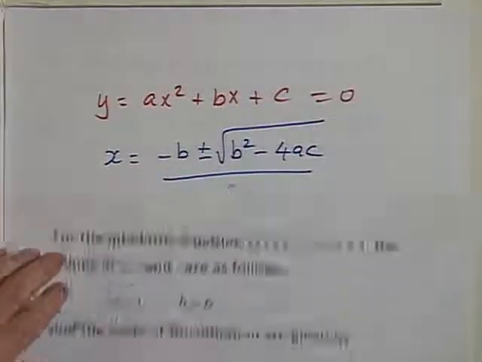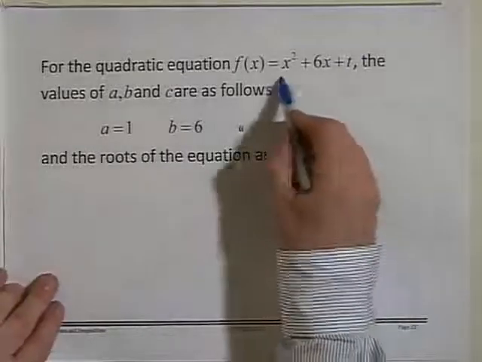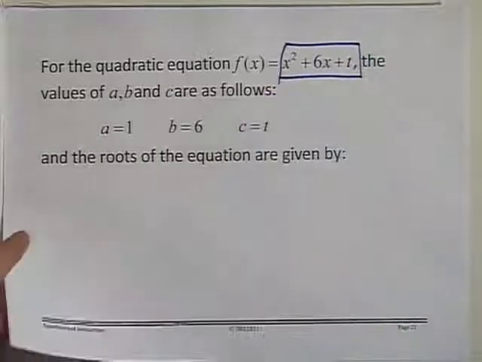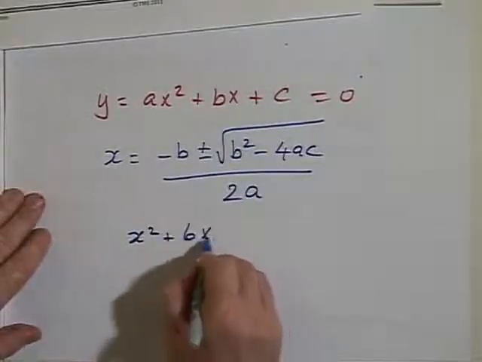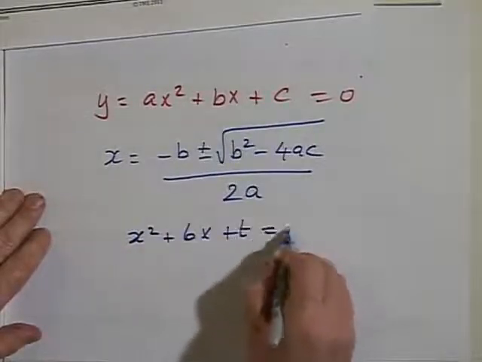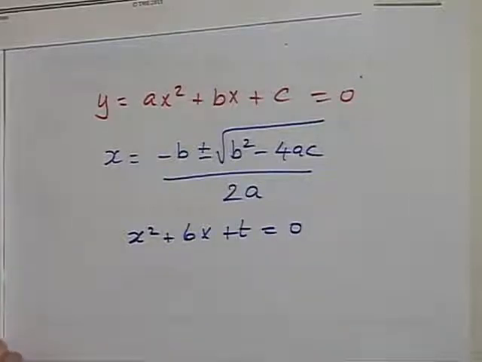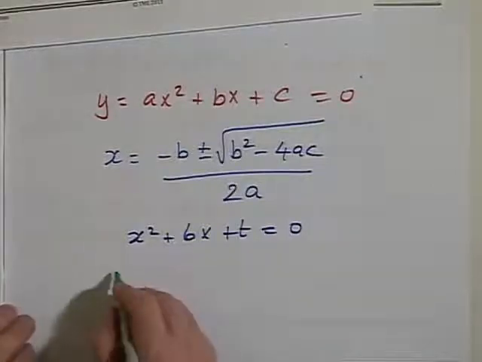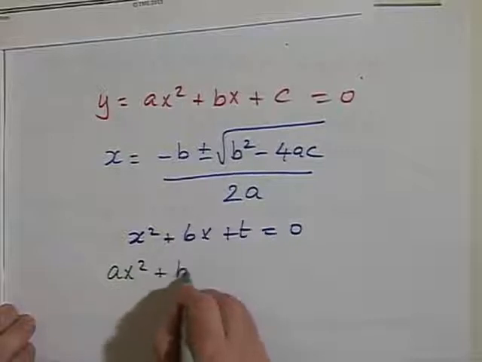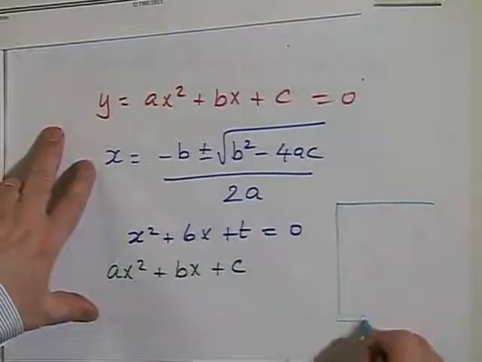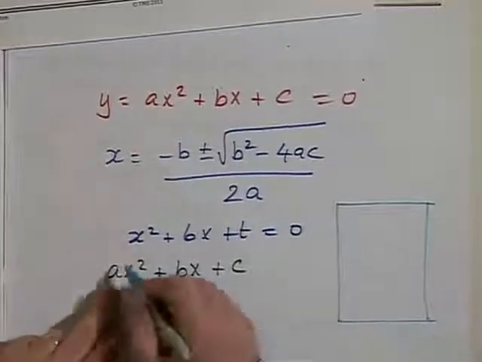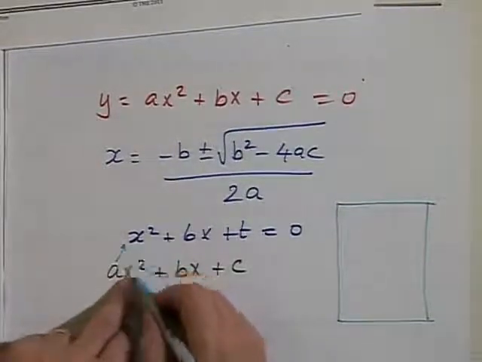So, for example, on the next page, if we look at this particular expression, x squared plus 6x plus t equals 0. If we have to map that to ax squared plus bx plus c, what I do is I just draw a box here to the side, and I say the x squareds are the same.